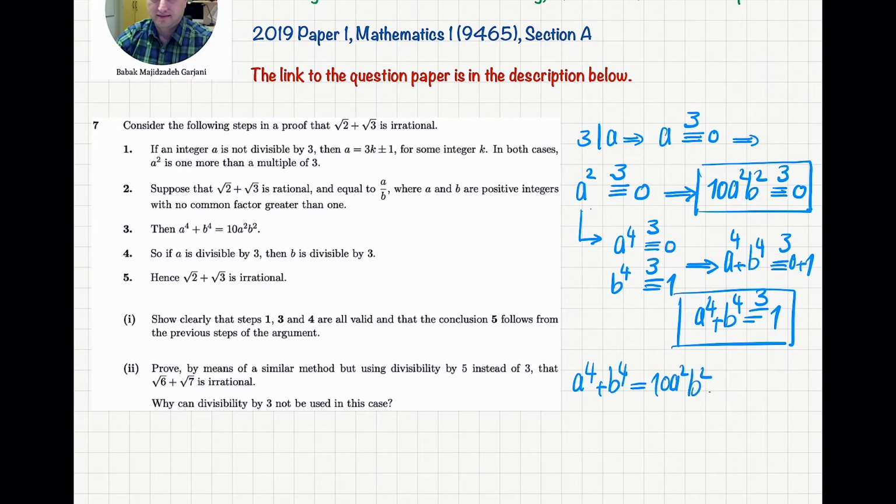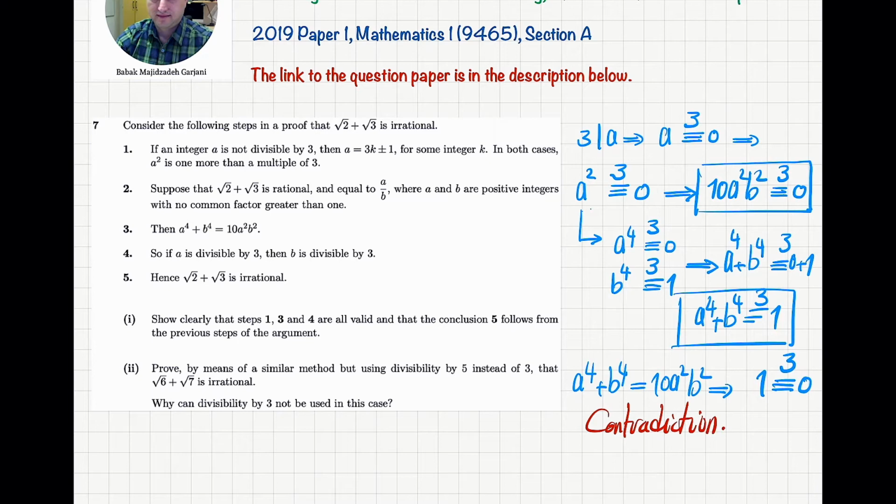So considering that they are equal, we can conclude that 1 is congruent to 0 modulo 3, which is clearly a contradiction. Yes, because 1 minus 0 is 1, and 1 is not divisible by 3. So that is a contradiction.